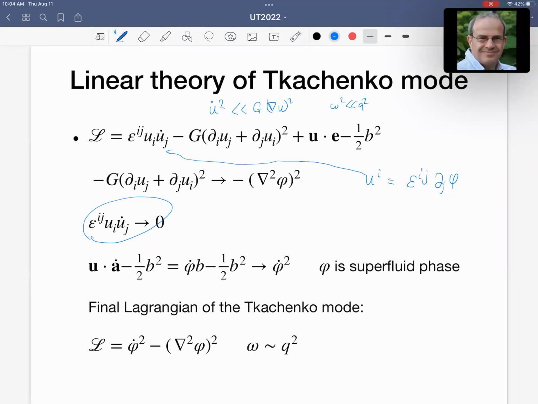The reason I'm concerned is more intuitive. The terms with time derivatives tell you which degrees of freedom are dynamical. And by neglecting the U dot squared, you went from two modes to one, you kind of got a factor of 2 reduction. And now when you set the U U dot term to 0, you're in danger of losing everything.